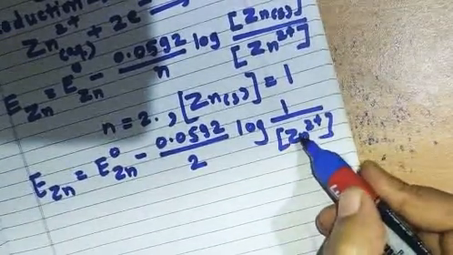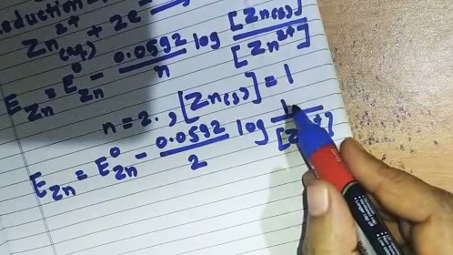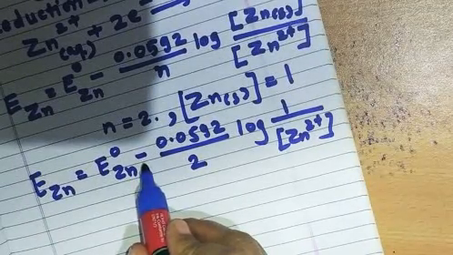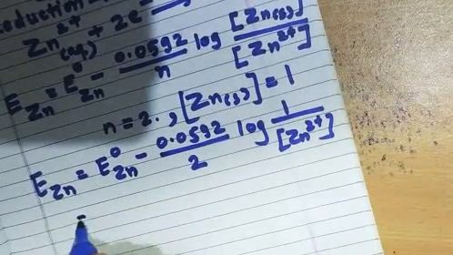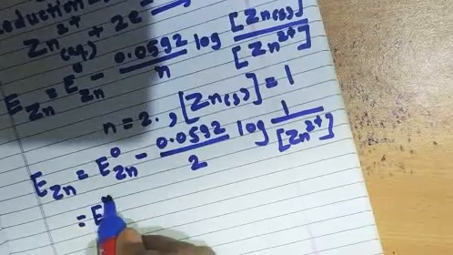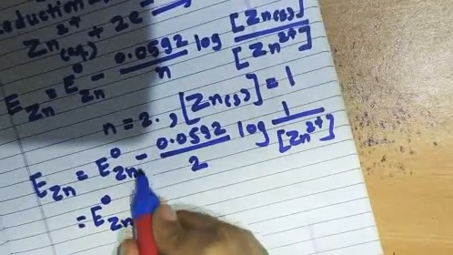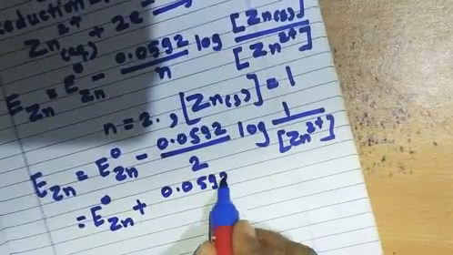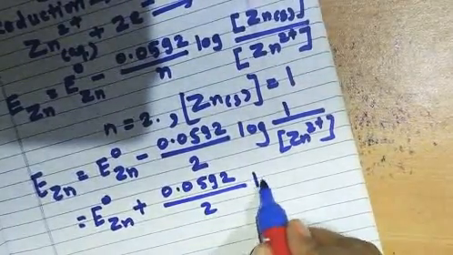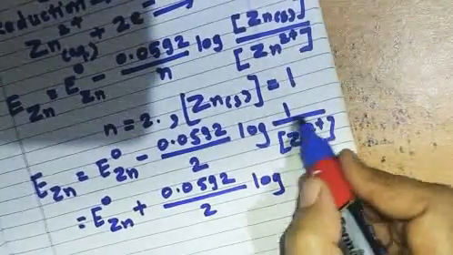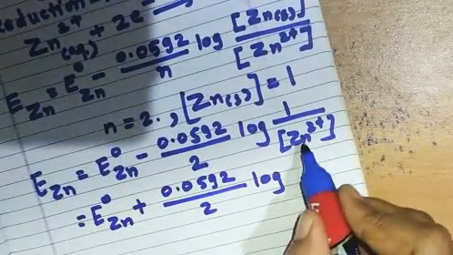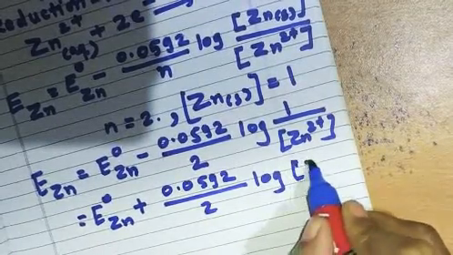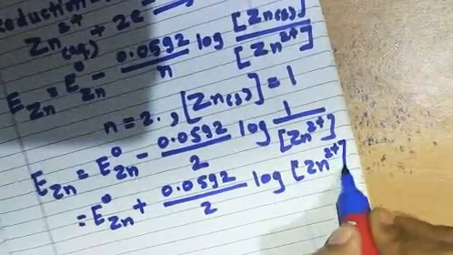When this value is put at the numerator, then this sign is reversed according to our logarithmic rules. Sign is reversed: 0.0592 divided by 2 log of this, again the value changes, Zn2+ goes to the numerator.